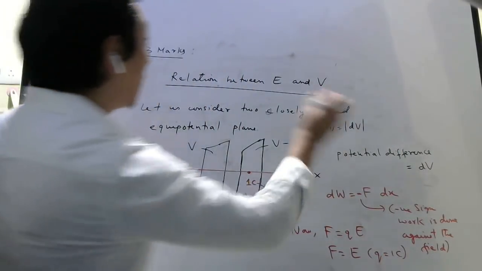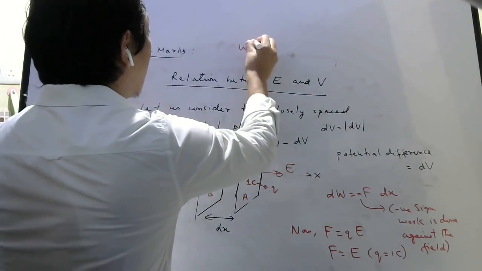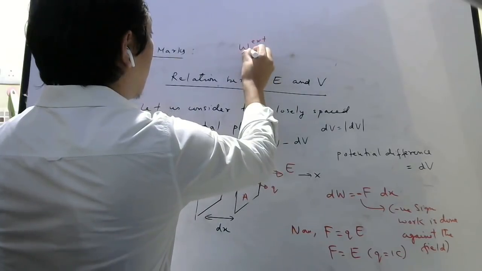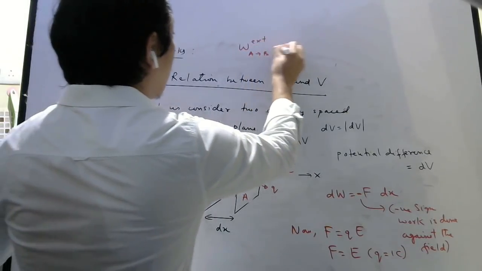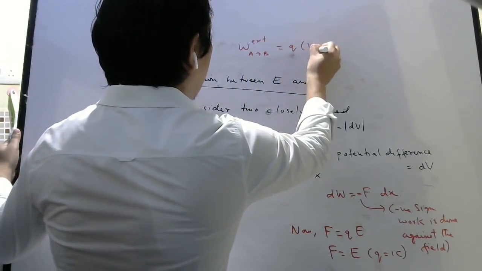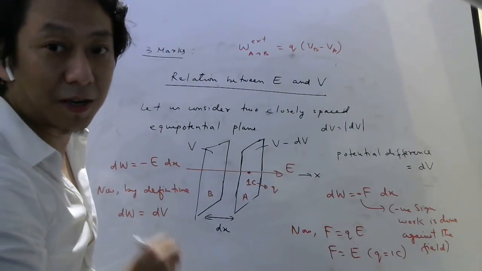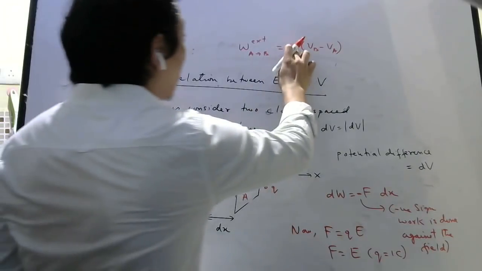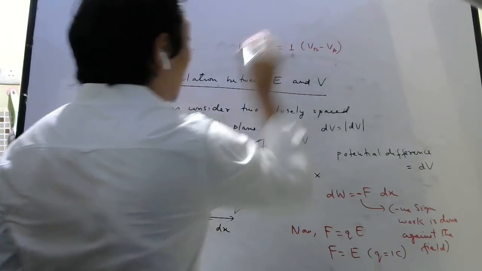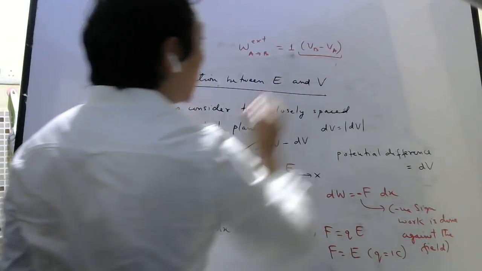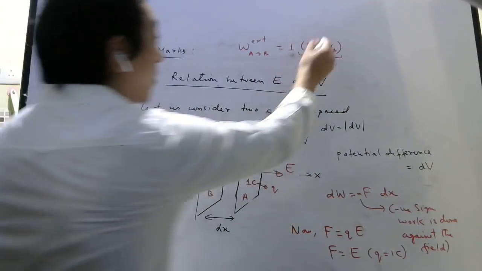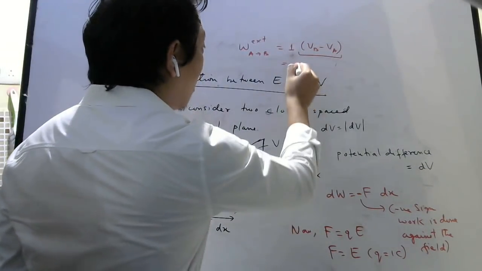Understanding or not? See, go back to that definition. Work done by external force from A to B is Q into VB minus VA. Remember this definition, I told you in the starting only. If you take 1 coulomb charge, then this is your potential difference. And that potential difference, in this case I wrote dV.